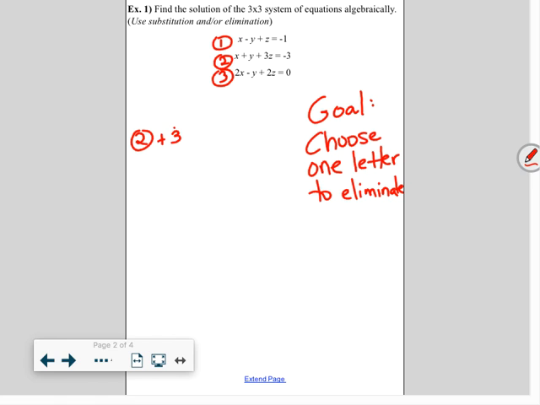Here's what I need you to do, though, because this is going to be a bit of work. Write this down: unfortunately, with 3 equations and 3 unknowns, it's a lot of work. If you make one teeny tiny mistake, instead of getting all the points marked off, I look at what your mistake was.